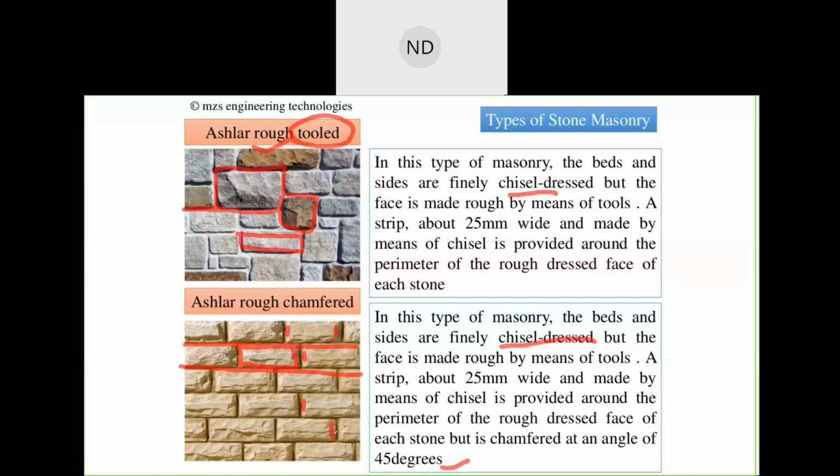Here you will see it is lying in this way. On the top side it is inward, and from here it is coming like this, at a 45-degree angle. This is made with the help of the chisel, it is undressed, or you can say it is made rough, but the placing is the same, at a 90-degree angle from the straight line.